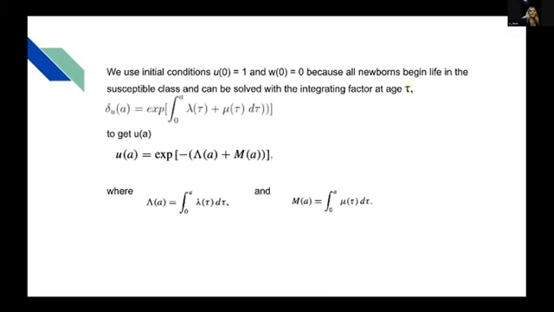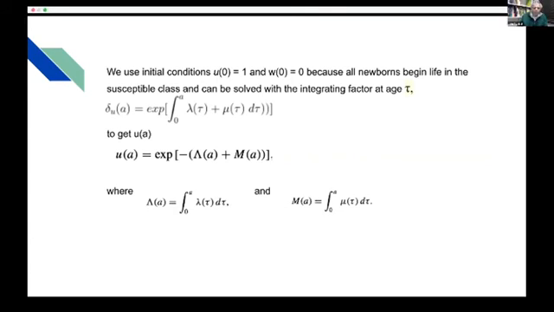Like I said, we're using those initial conditions because all newborns begin life in the susceptible class, and this can be solved with the integrating factor, with the integral in tau. Sarah, what's that symbol? It's a tau.